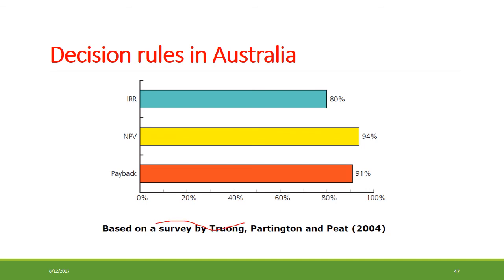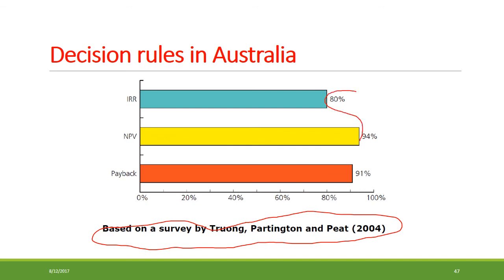Similarly, we have this study here from 3 Australian academics, and they did a similar thing. They sent out surveys to CEOs and CFOs in Australia, and they asked them which methods of project evaluation the firm used. In their response, we see a similar picture from before, which is that the NPV method and the IRR method are quite popular.